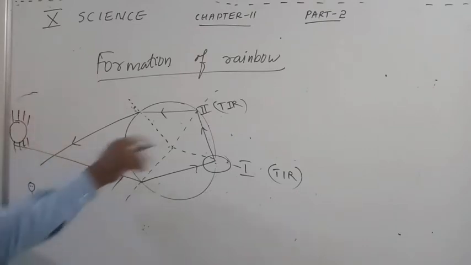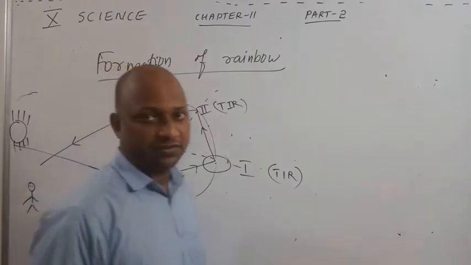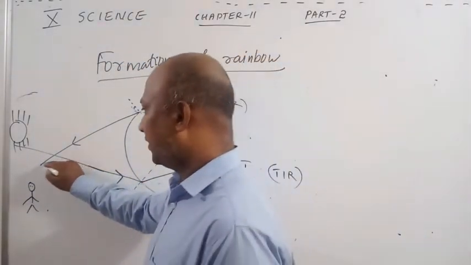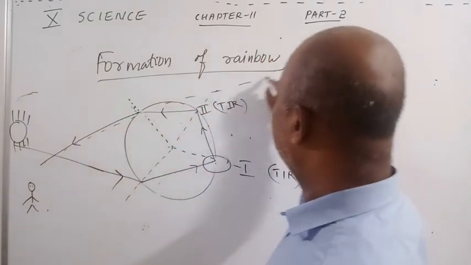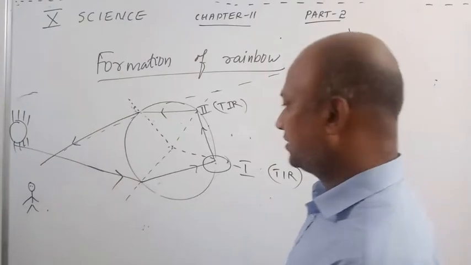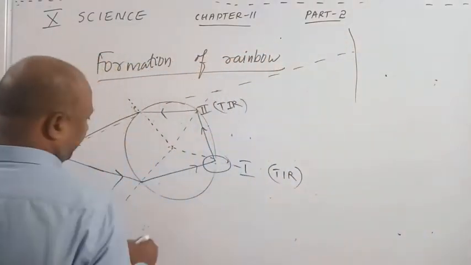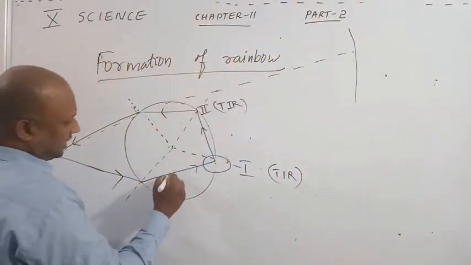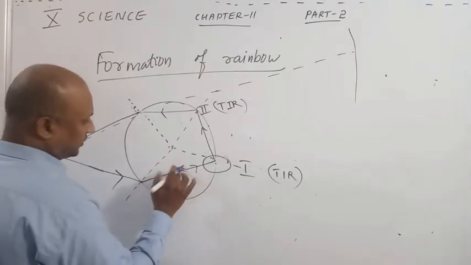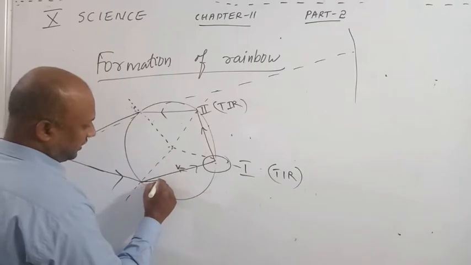So the person must face the opposite side of the sun. Then only he can see the ray of light. So where this ray of light you can see at a higher place. So even if we go for this as a red one, suppose, yeah, you can go for this as a violet one, the red will deviate less.